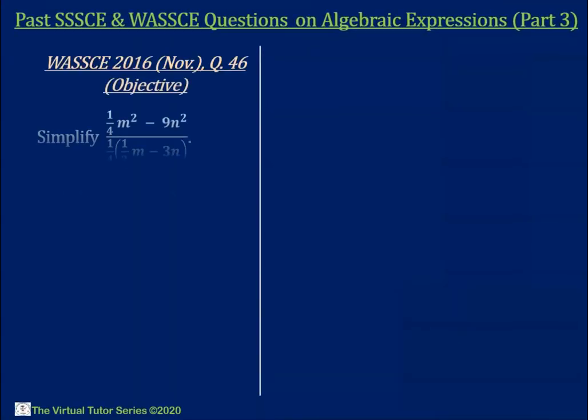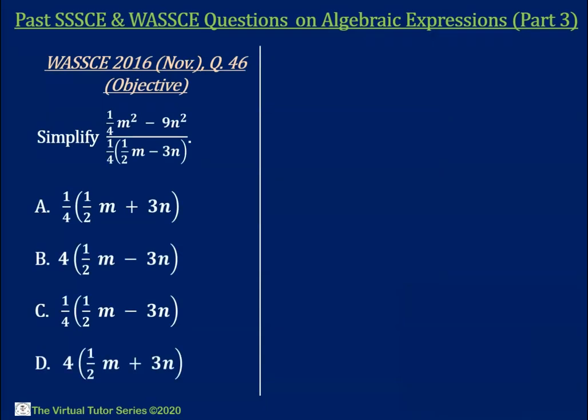WASSCE 2016 NOVDEC Objective Question 46. Simplify (1 over 4m squared minus 9n squared) all over (1 over 4 times (1 over 2m minus 3n)).